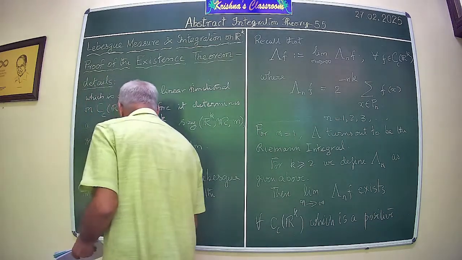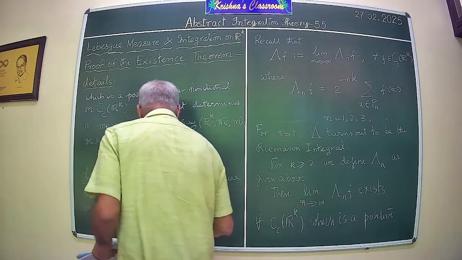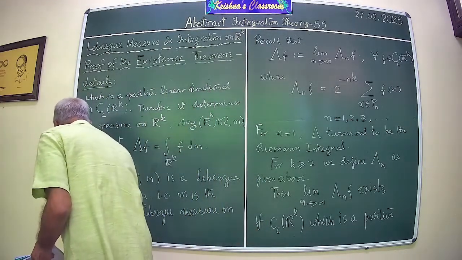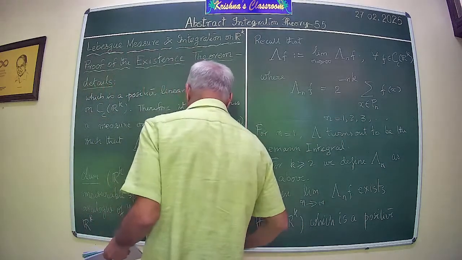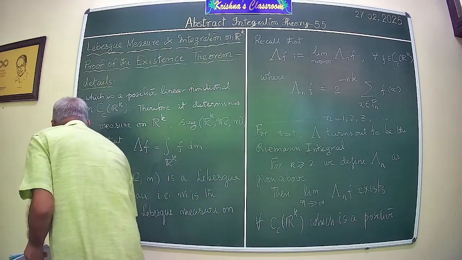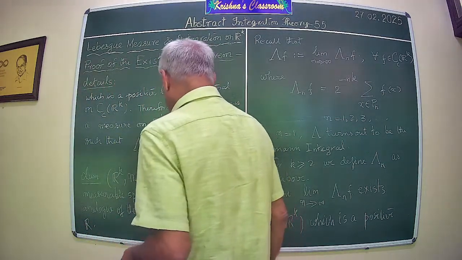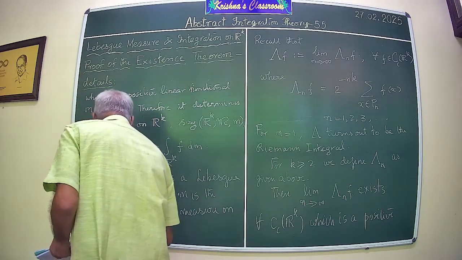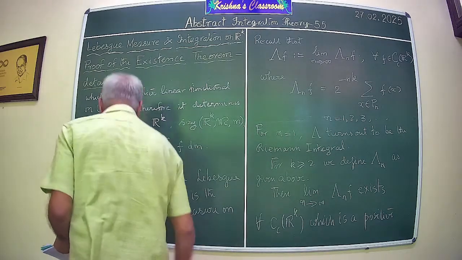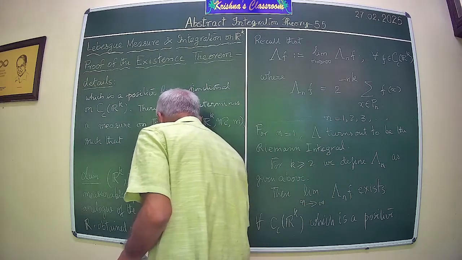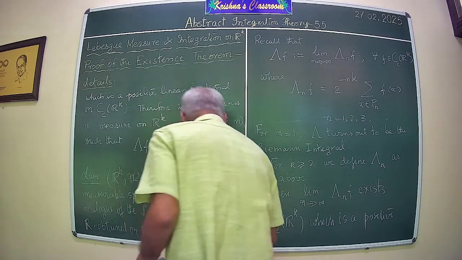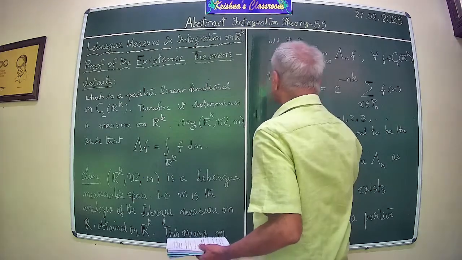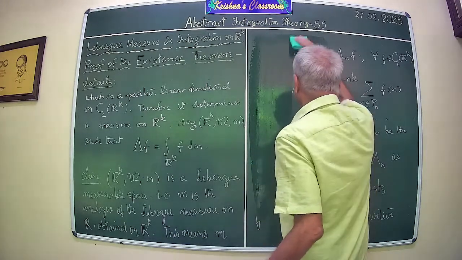The Lebesgue measure on R^k means M satisfies the following properties.